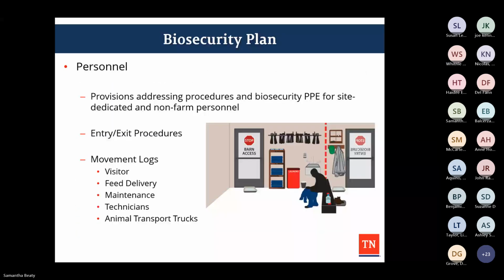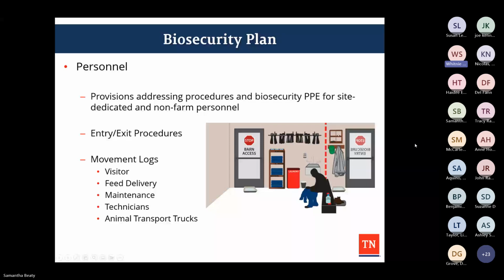Personnel. This is a big one as well in thinking about your site-specific biosecurity plan, because people are probably one of the biggest risks for a disease introduction to your farm. The personnel portion of your plan should address procedures and biosecurity PPE for site-dedicated as well as non-farm personnel.